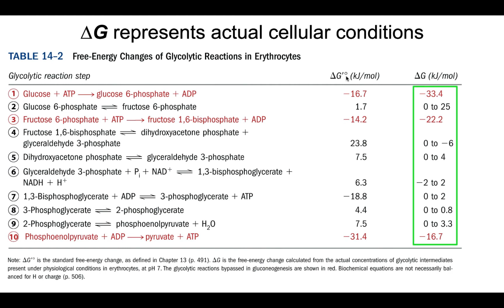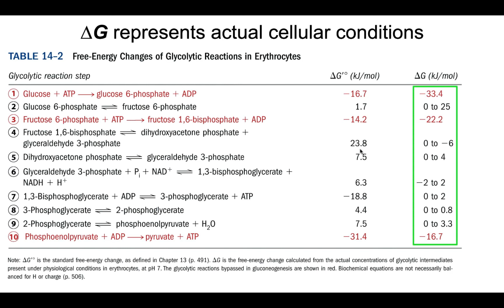That is a very specific delta G under very specific conditions, and that's why you might see endergonic reactions here when you're looking at the standard delta G of glycolysis, for example, for reactions in a cell.